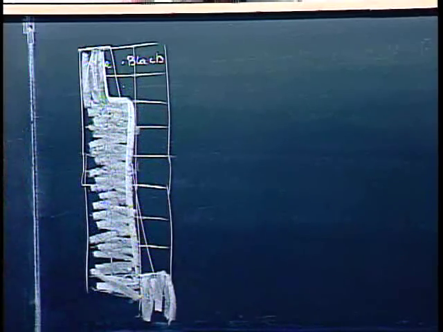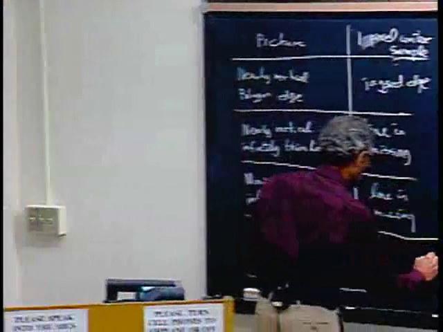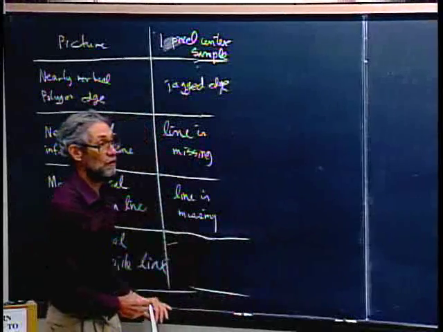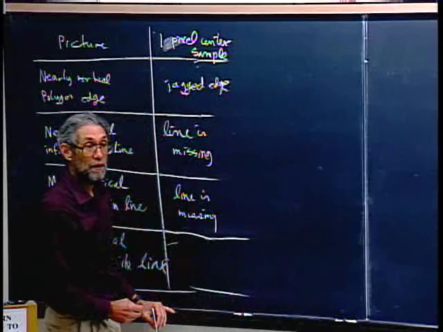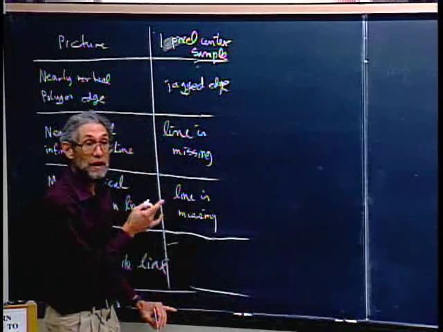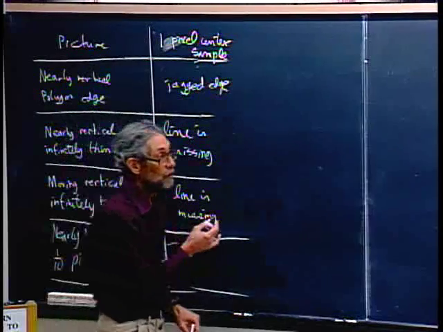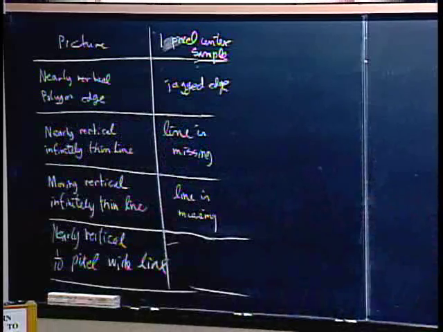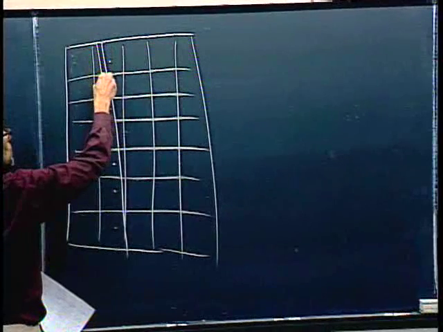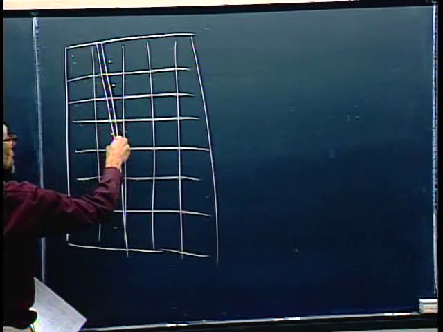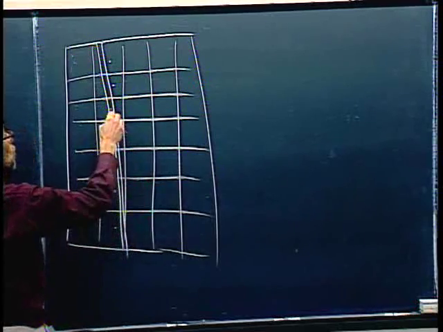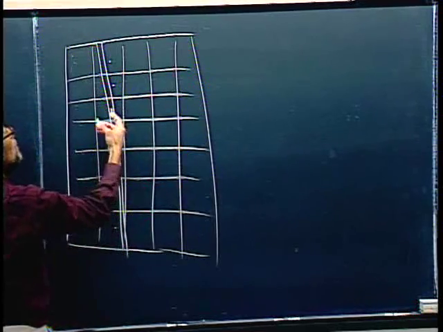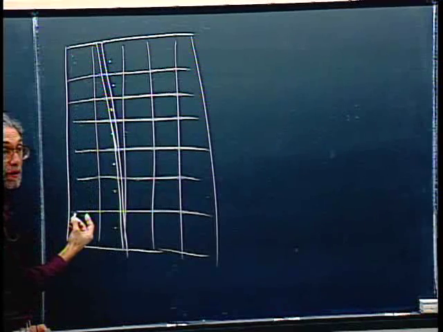And a nearly vertical line 1/10 of a pixel wide. What's that going to look like if it's sampled at the center of the pixel? So basically what that says is I make this line a little bit wider. Right? So I don't know if it's exactly a 10th, but basically, on the average in one column in 10, it's going to show up.